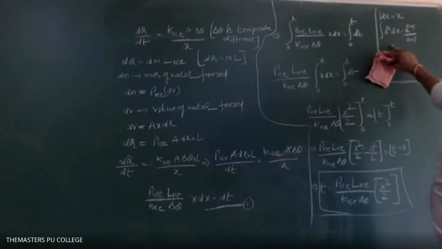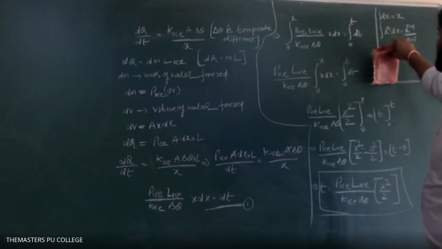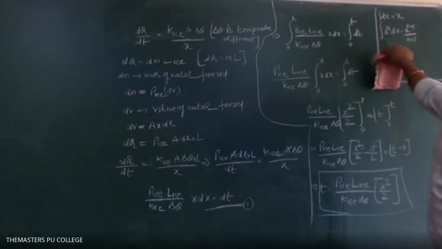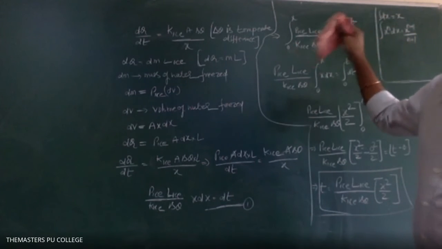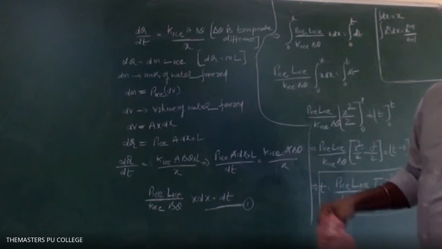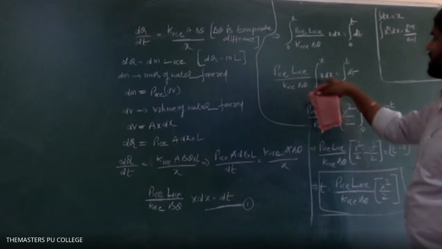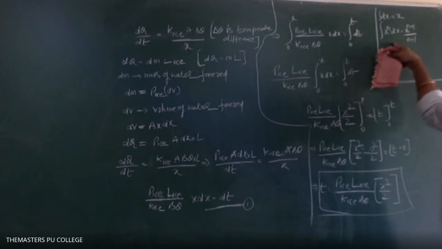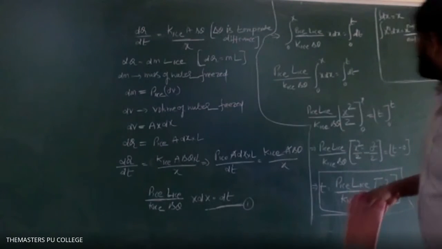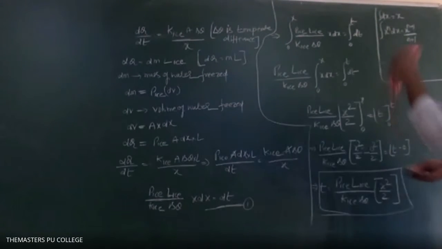Should we copy the integration part of the calculation also, sir? If you can remember, this formula is not required, but we write it to avoid doubts later about how x square by 2 came from x dx. This is the formula.